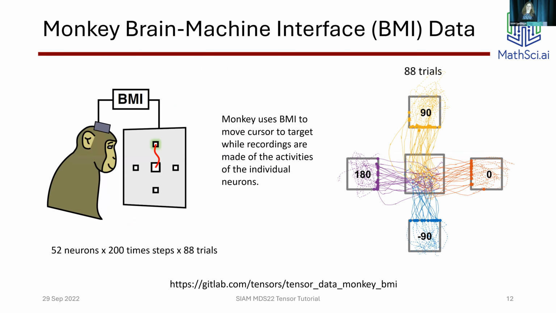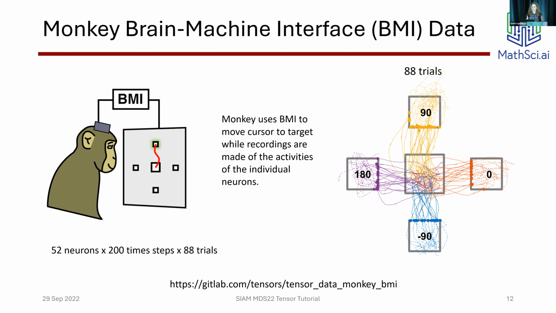The other data set we have is data collected at Stanford of a monkey controlling a mouse cursor using a brain-machine interface. What they do is they light up a target, the cursor starts in the middle, and then the monkey should just use the brain, and it fires the neurons, and this is recorded by this device, and it moves the cursor. And so what we have as data is the activity of 52 neurons, and we've discretized this data over 200 time steps. The first 100, it's moving to the target.